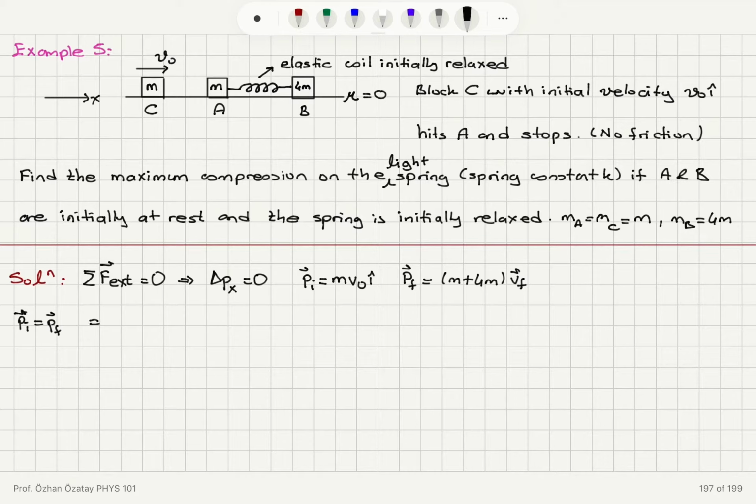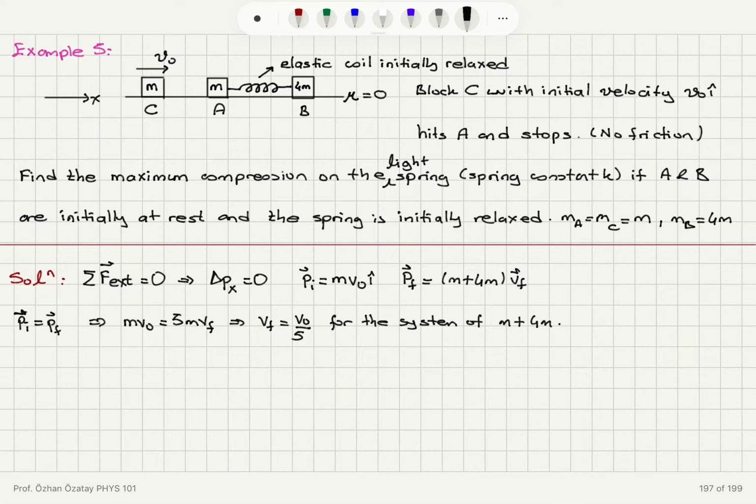We must have m v0 equal to 5m v final. So that implies the final velocity will be v0 divided by 5 for the system of m plus 4m, which is A plus B.